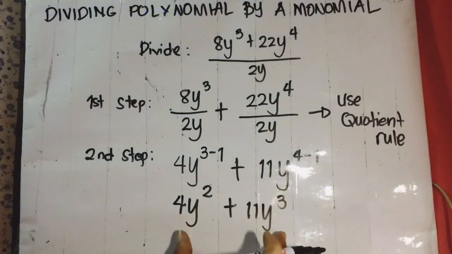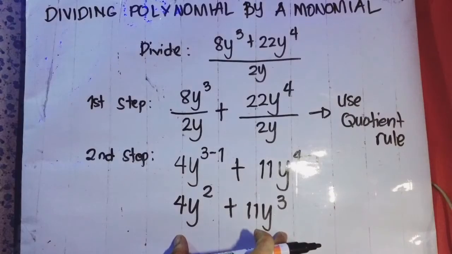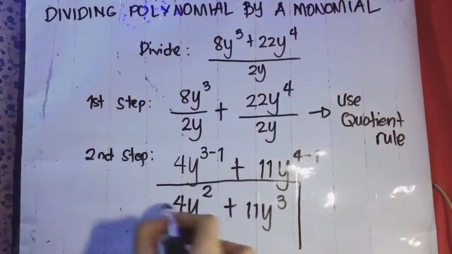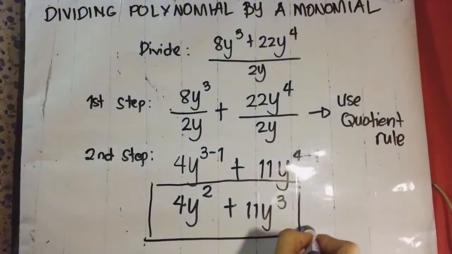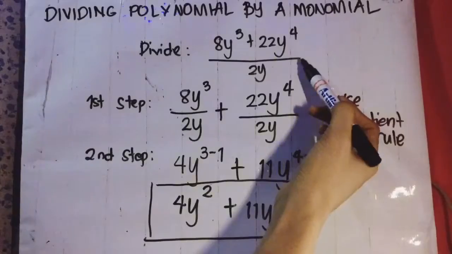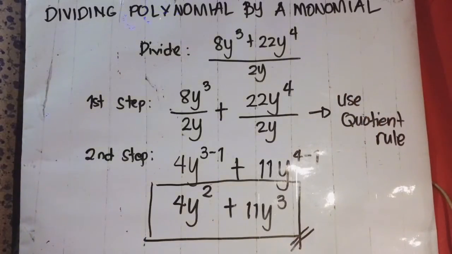Can we still simplify this expression? Okay, very good. Since we cannot simplify this anymore, this is the quotient of our given problem, 8y to the power of 3 plus 22y to the power of 4 over 2y.